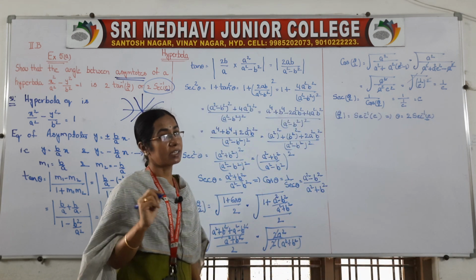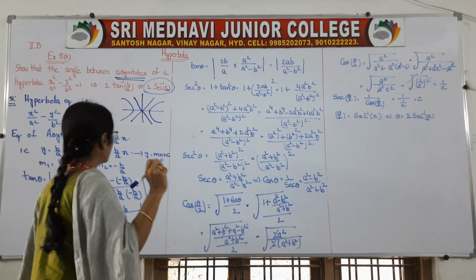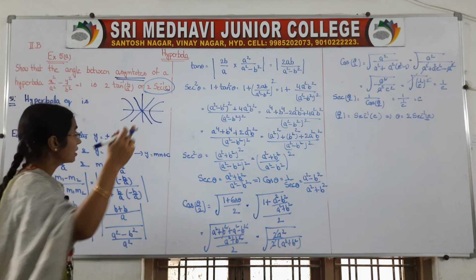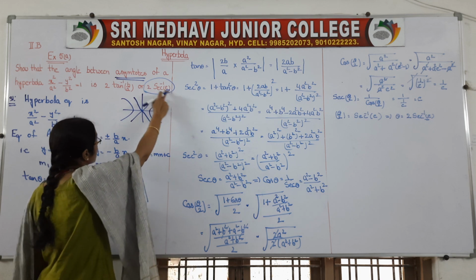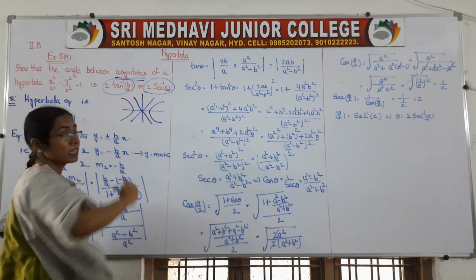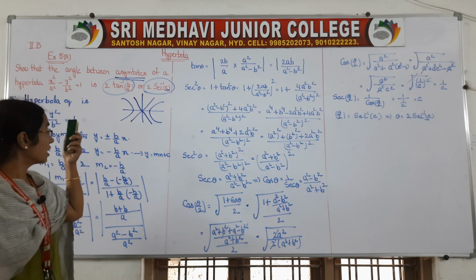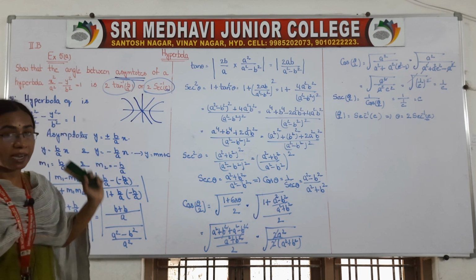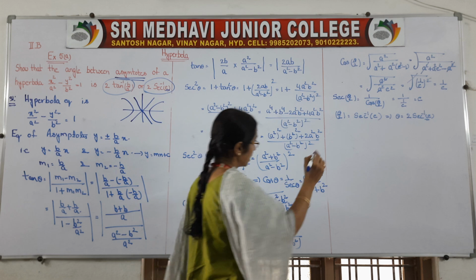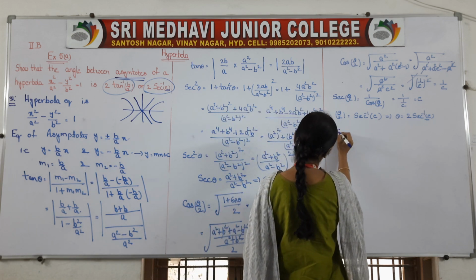We got one angle. Actually here we have to prove that the same angle can be expressed in terms of 2 sec⁻¹ e as well as 2 tan⁻¹(b/a). So try to get that second type of angle. How will we get it? There is one formula.